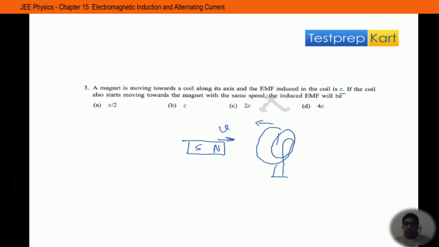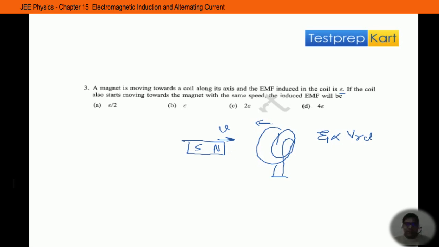We must take care that induced EMF always depends on a time-varying magnetic field, and in terms of magnitude, it is proportional to the relative motion between the magnet and the coil.